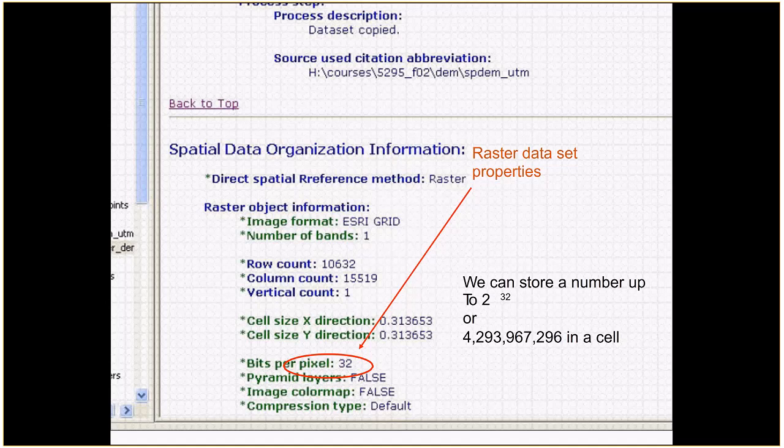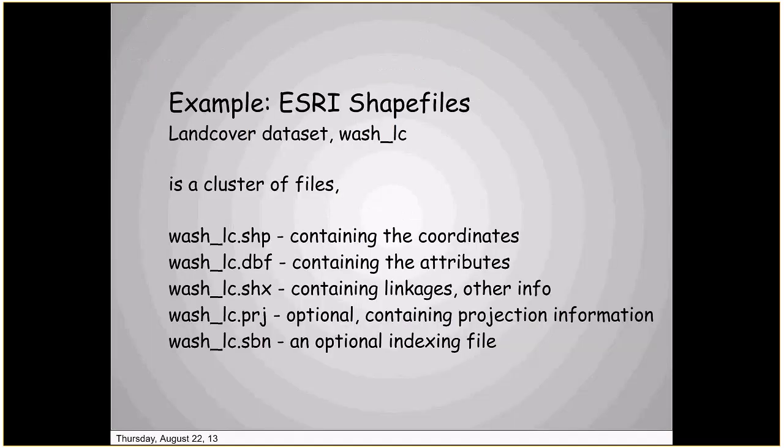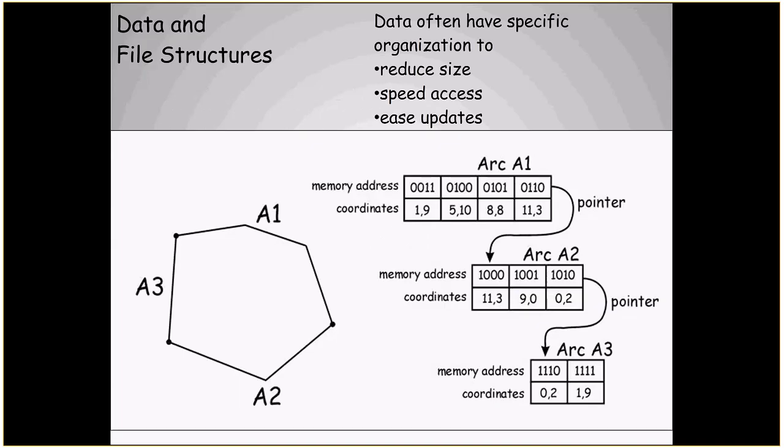So when you're creating your data set, you need to know how big it needs to be. A 64 would probably be just big enough for going around at least the Earth. It's not necessarily about size. It's about the level of detail that your attribute needs to be, or the coordinate needs to be.